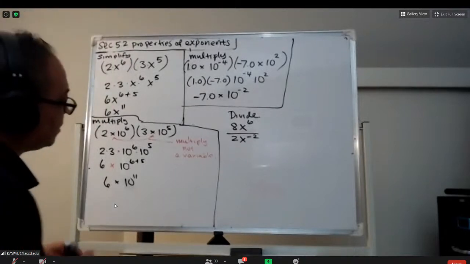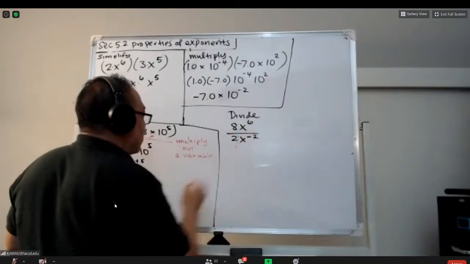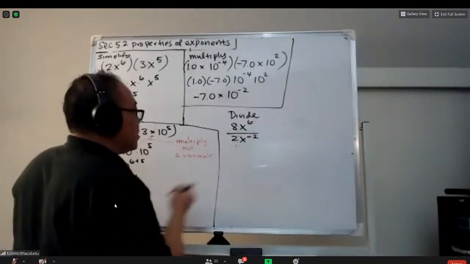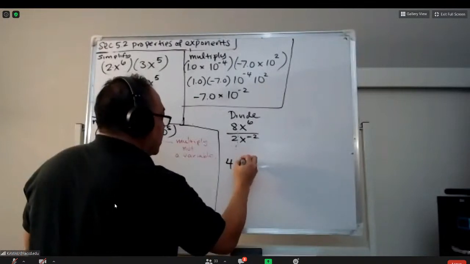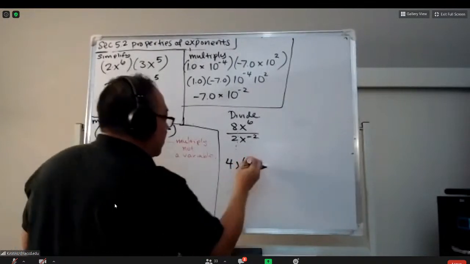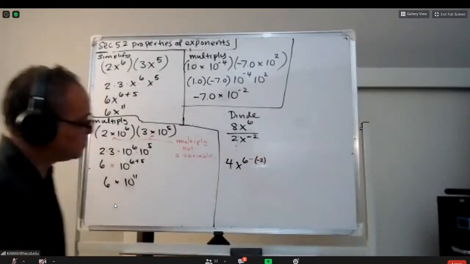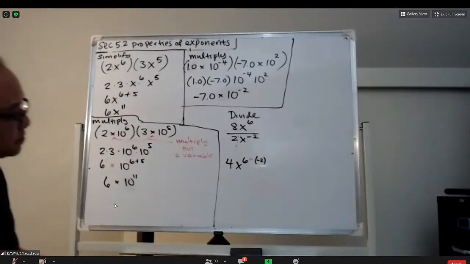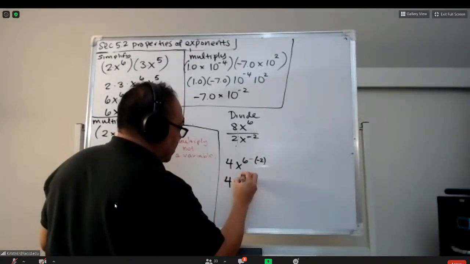Okay, so treat these as 2 separate problems. So 8 divided by 2 is 4. And then you're doing the top minus the bottom. So then you're getting 4x to the 8.